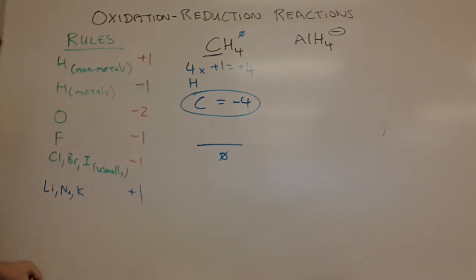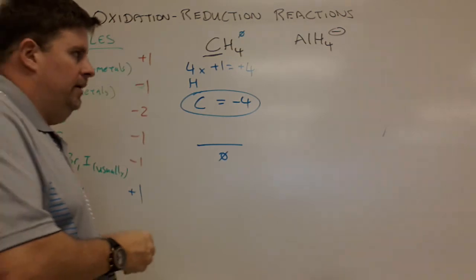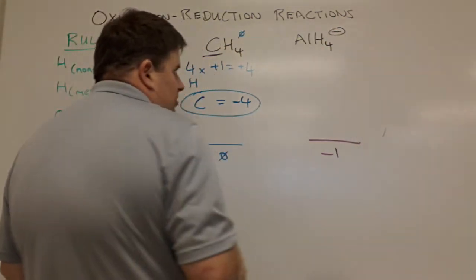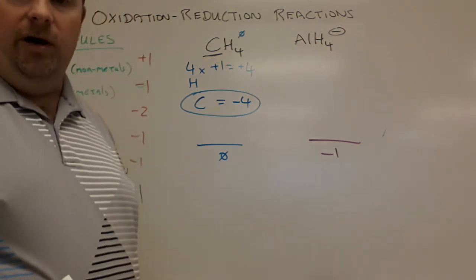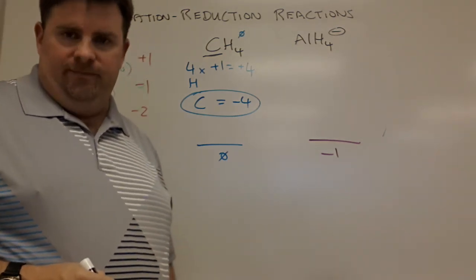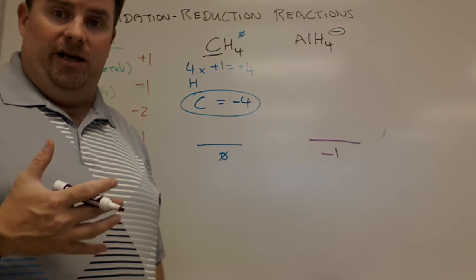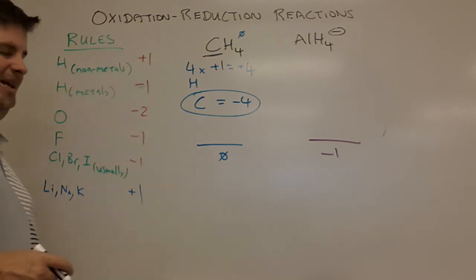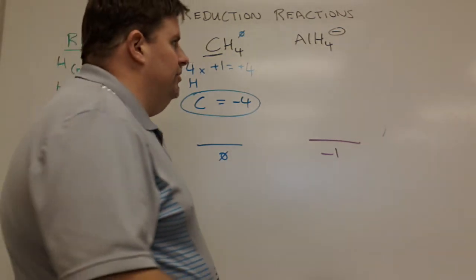Now what about over there for aluminum? In this case, I've got a minus 1 as far as the charge goes, and I've got 4 hydrogens attached to an aluminum. Aluminum is not a nonmetal. Okay, so the double negative means that it's a metal. So that means my hydrogens have to be hydrides. They've got to have a -1 charge.